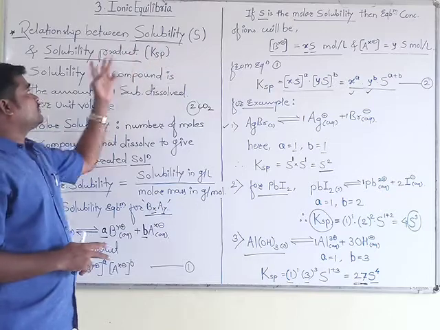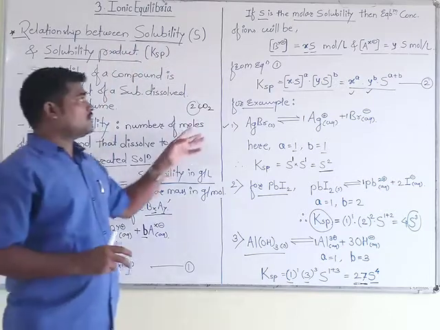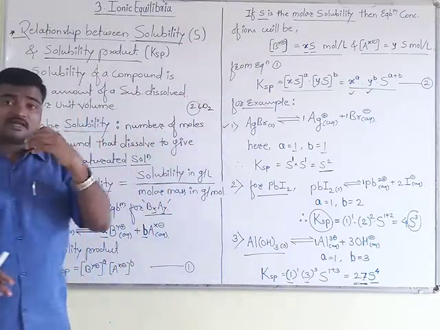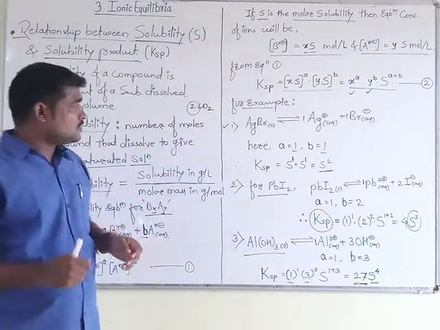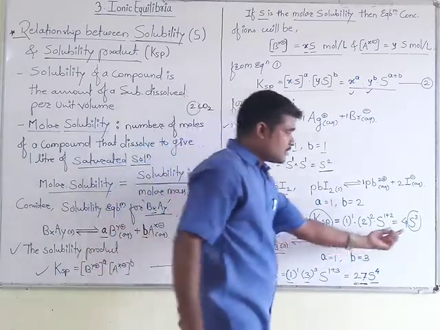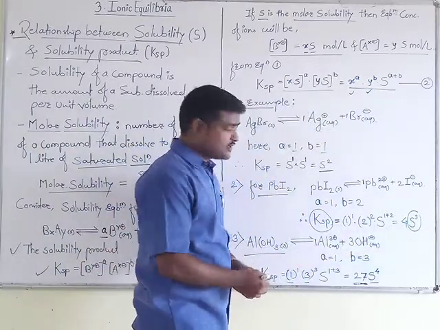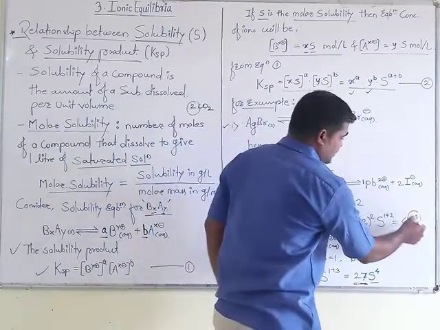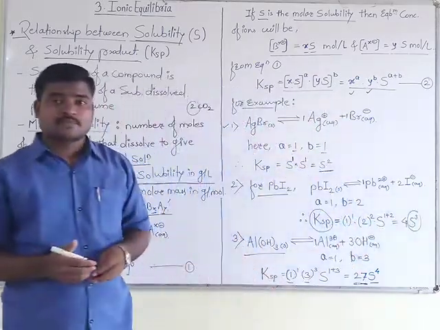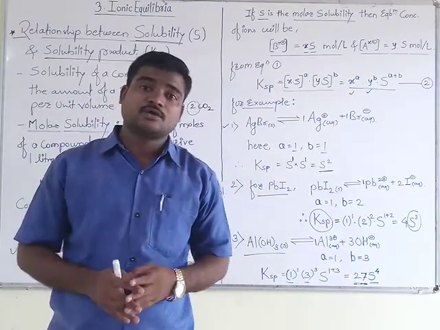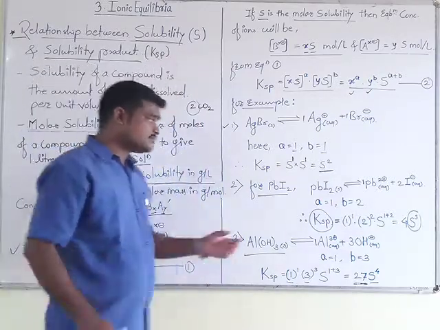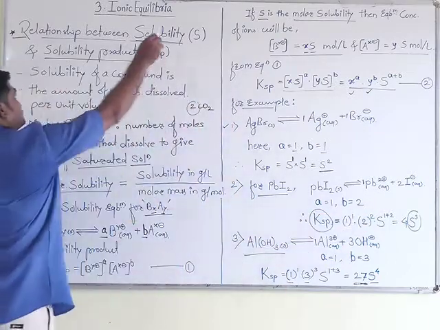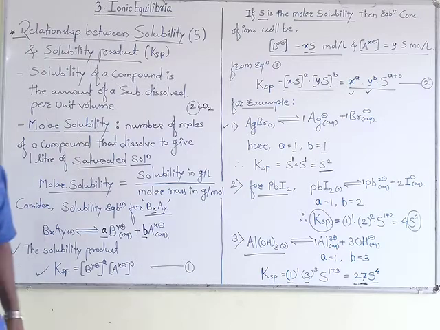And this relationship we have derived as an equation, and we have taken examples too. So here I have rounded off these two figures. Ksp is nothing but the solubility product, and s is nothing but the molar solubility, or we can say solubility. Okay, so this is the relationship between solubility and solubility product.